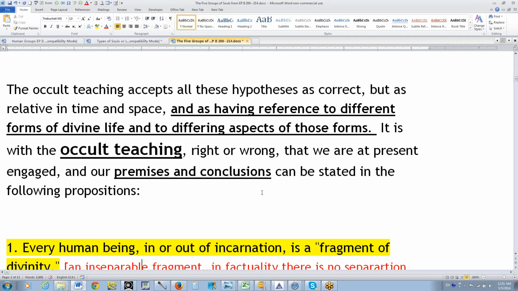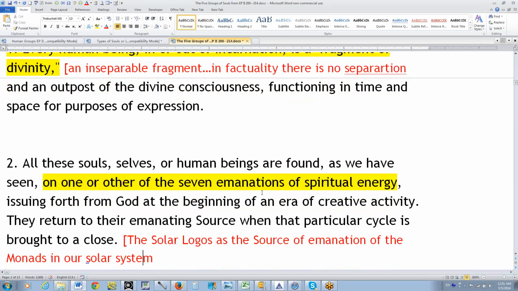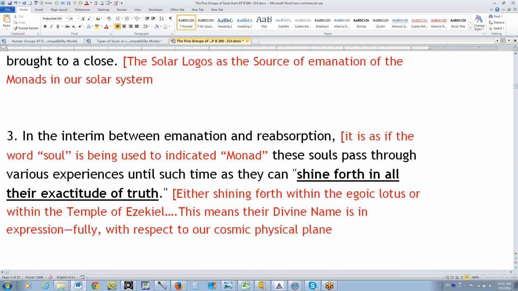So we looked at the first: the human being is a fragment of divinity. Every emanation here, every human being, every essential monad in extension, is coming in on one or other of the 7 emanations, which means that the vehicles surrounding it are basically conditioned by one or other of the 7 emanations.